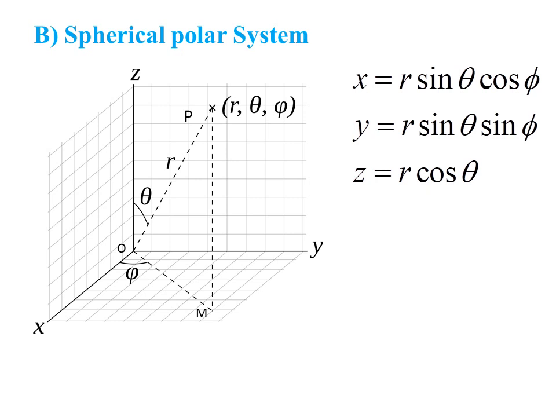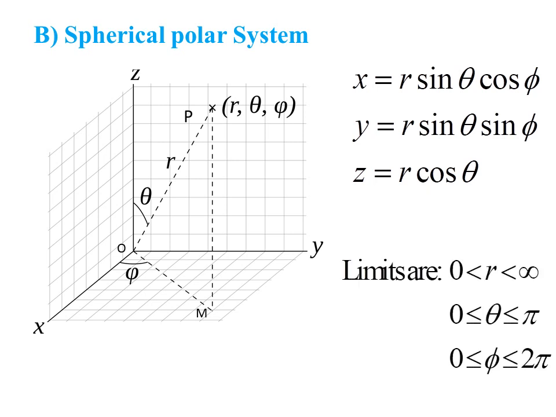So to convert any Cartesian coordinate system in three-dimensional space to the spherical polar system, we have to use some transformations: x is equal to r sin theta cos phi, y is equal to r sin theta sin phi, z is equal to r cos theta.